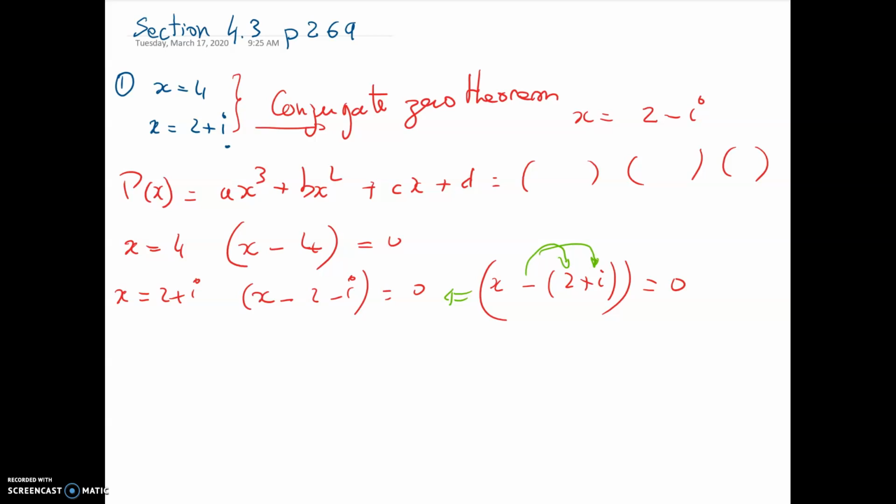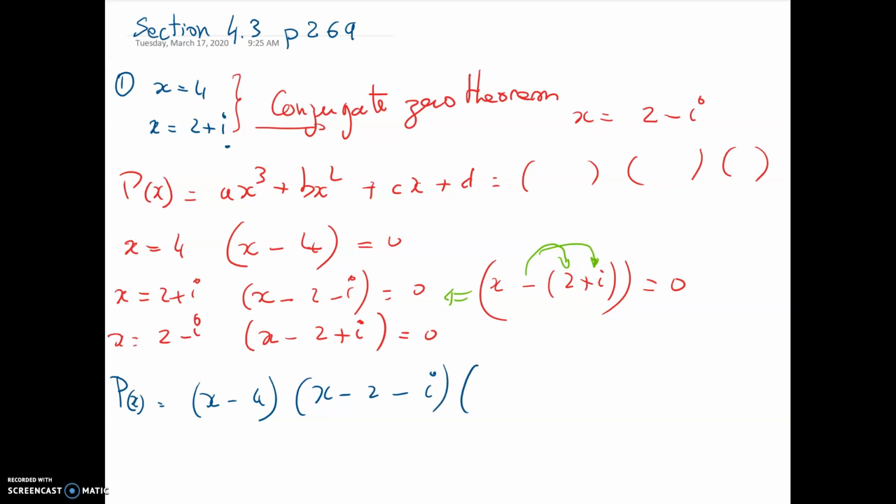Finally, x equals 2 minus i gives me x minus 2 plus i equals 0. So I have my 3 parentheses. Therefore, I can write my polynomial p of x equal x minus 4 times x minus 2 minus i times x minus 2 plus i.